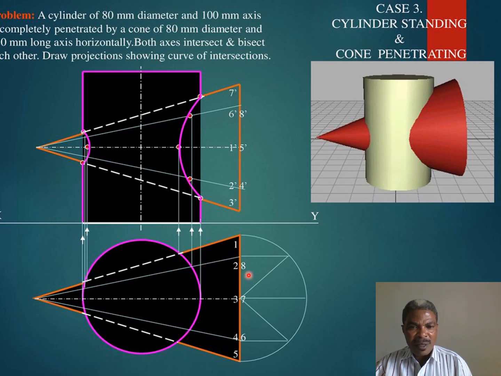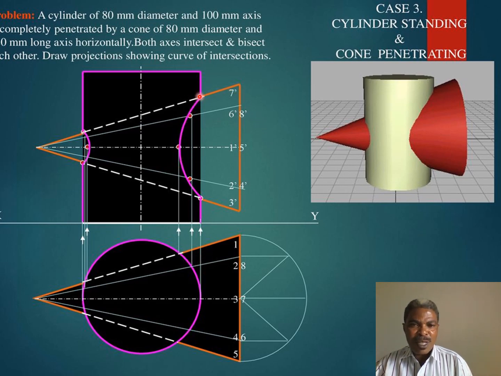Likewise for other points, let's see for 8. 8 is the same line as 2, so the same line. You can see here is our point of interest. It has come to meet another 8 from our front view semicircle, the plan view semicircle. Yeah, that's how we can locate those points.